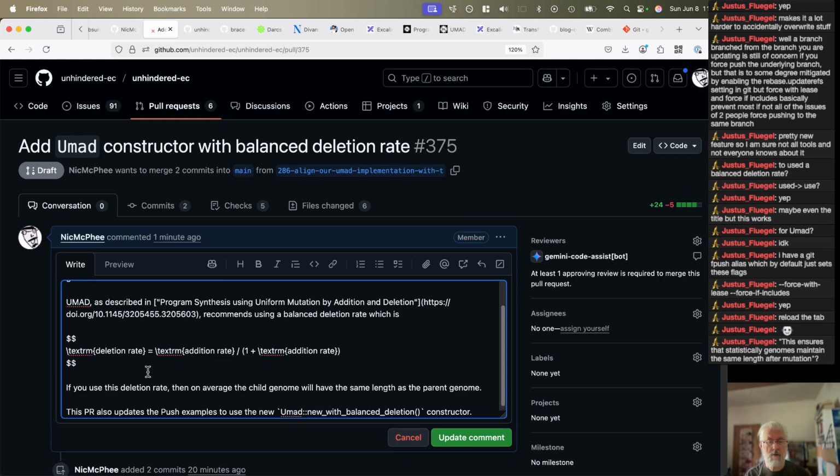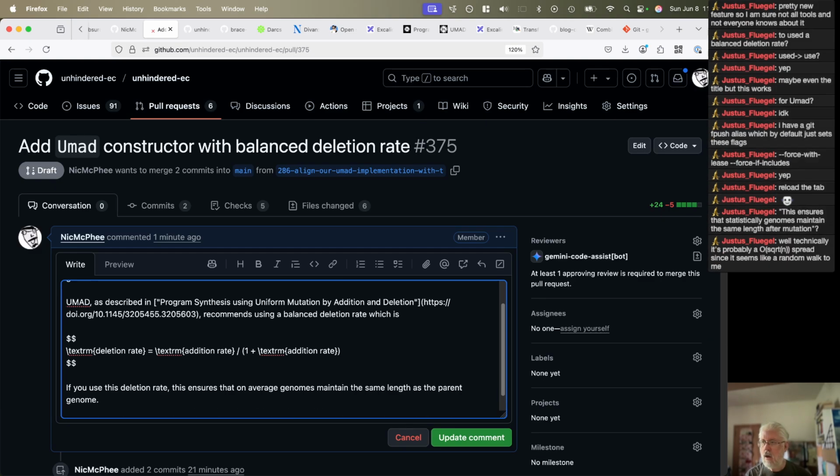This ensures that, I think I'm going to stick with on average genomes maintain the same length, the same length after mutation.